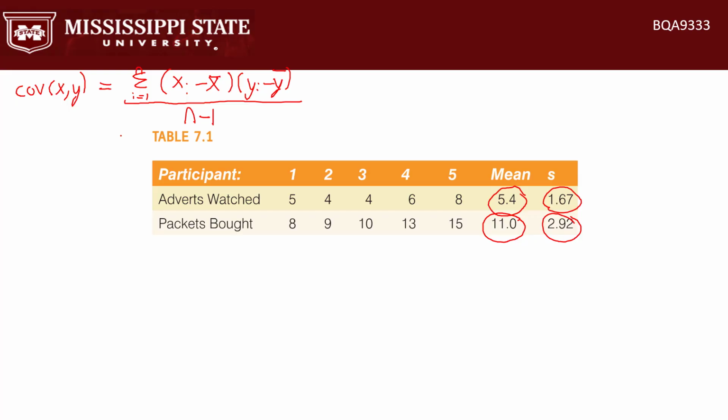And again, we're not going to prove anything too theoretical, but that's just our normalizing factor, accounting for the size of the sample. And for a population, we would divide by n. We wouldn't divide by n minus 1. So it would be this.